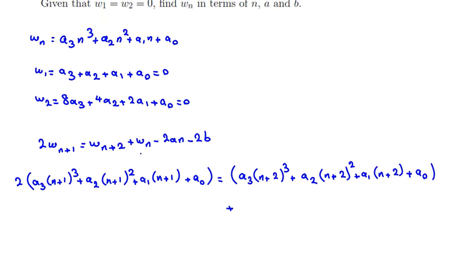And then plus Wn, if you replace again from here, it will be a3n cubed plus a2n squared plus a1n plus a0, minus 2an minus 2b. Now, what should we do?